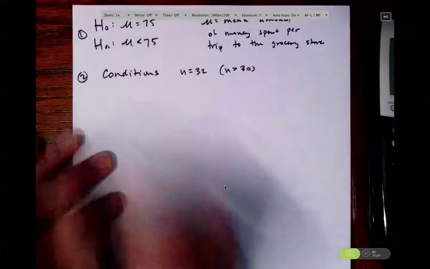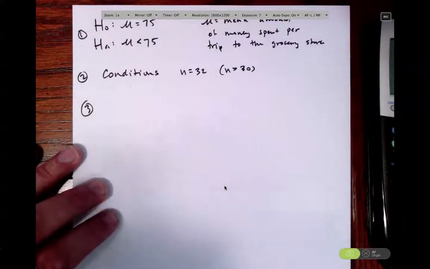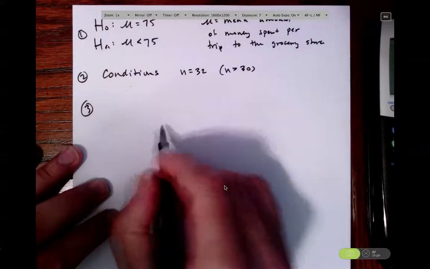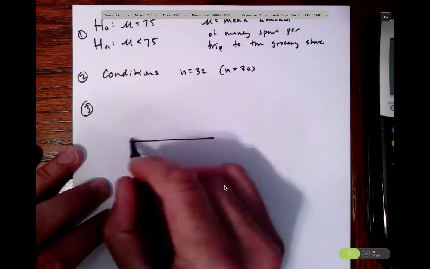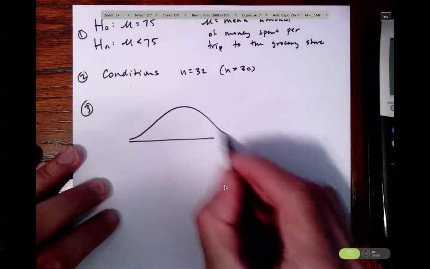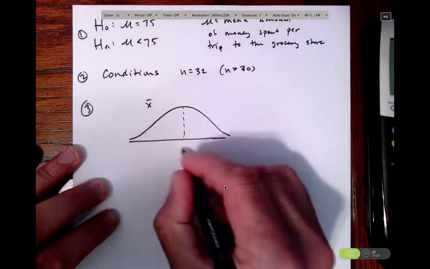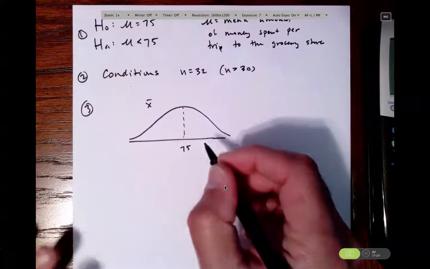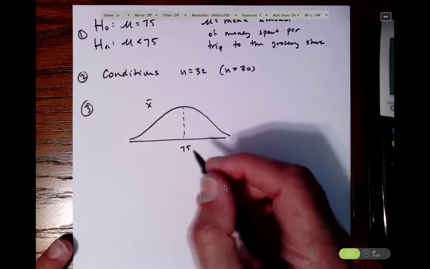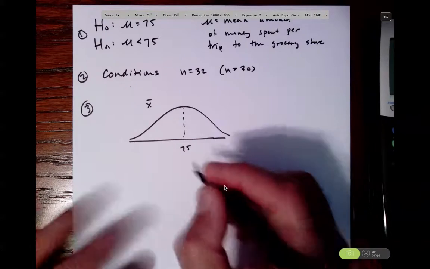Then the third step is we want to find the probability that, in our sampling distribution of x bar, we're assuming that this is 75, and we came up with a sample mean that was 69.25.